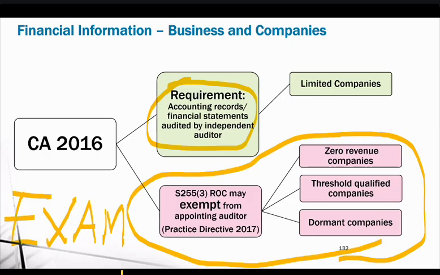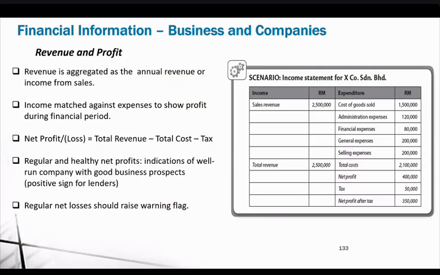So it's such a small threshold that it's not worth having audited accounts. So that helps answer your question there, Janice and Perry. You don't need to know the definition for exam, but just for your knowledge, they have a measurement like the number of full-time employees and the asset size, that's all. That's what they mean by threshold qualified.